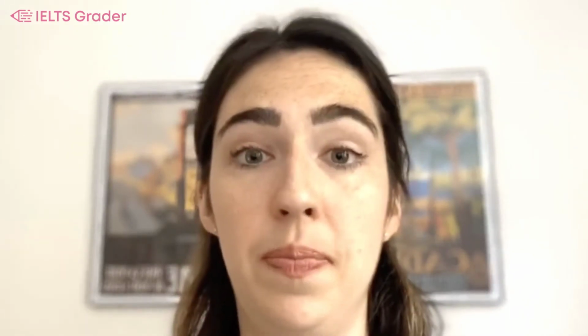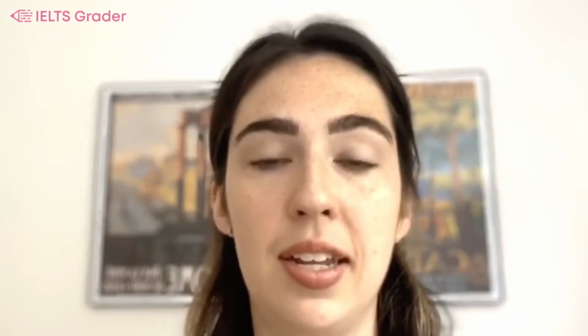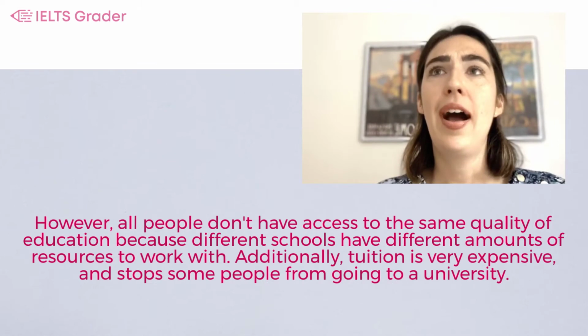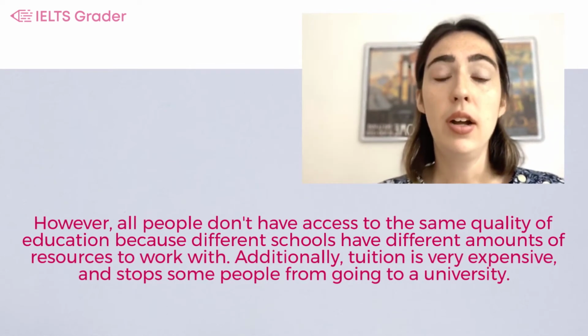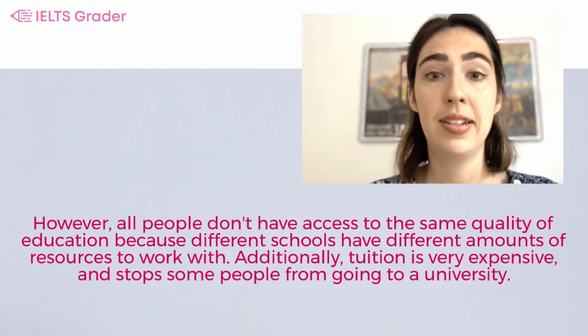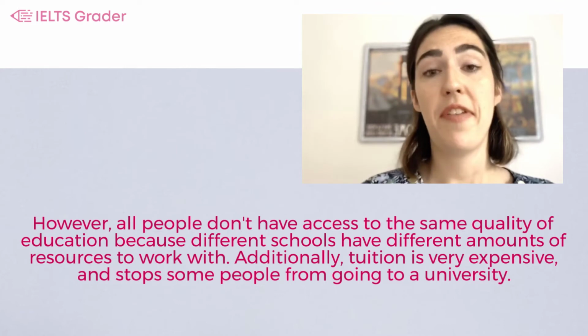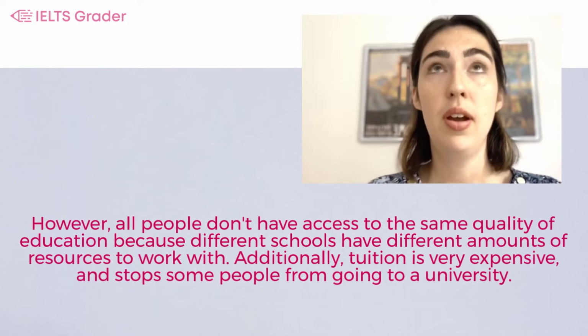So now that I have my hook, which is going to be, education is a right, not a privilege, I'm going to write 2 quick sentences that bring together those facts, just brushing on them. For example, I could say something along the lines of, however, all people don't have access to the same quality of education because different schools have different amounts of resources to work with.